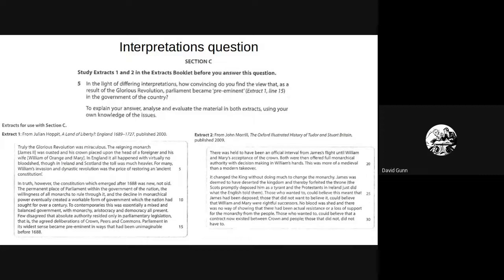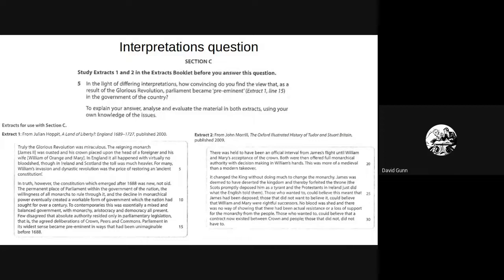So Parliament becomes preeminent, and this idea that absolute authority resided in parliamentary legislation. So you could weigh that up. To what extent is that true? Again, think about the definitions. If we're talking about the Glorious Revolution, 88 and 89, it's one thing. If we're going up to 1701, it's maybe different.